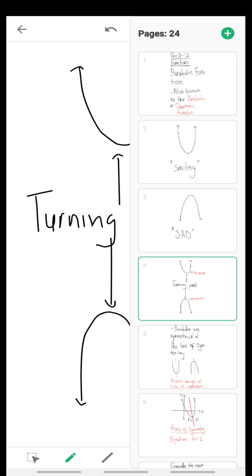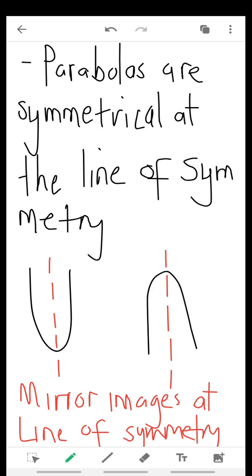Next up, we want to look at what we mean when we say a parabola may be cut symmetrically. So parabolas will be symmetrical at the line of symmetry. Let's talk about that. What's the line of symmetry?